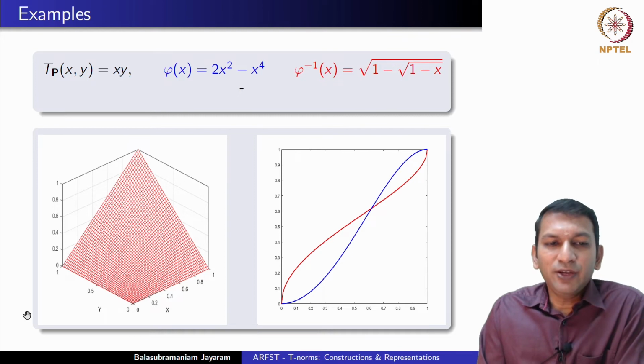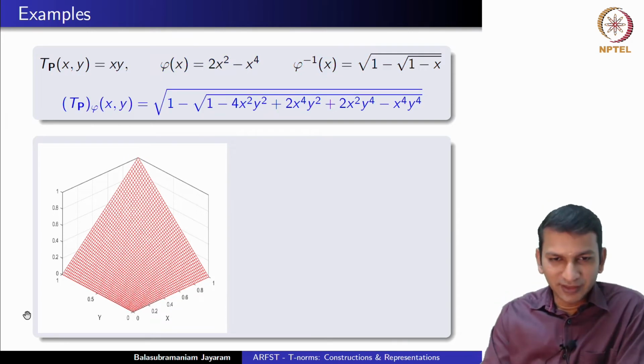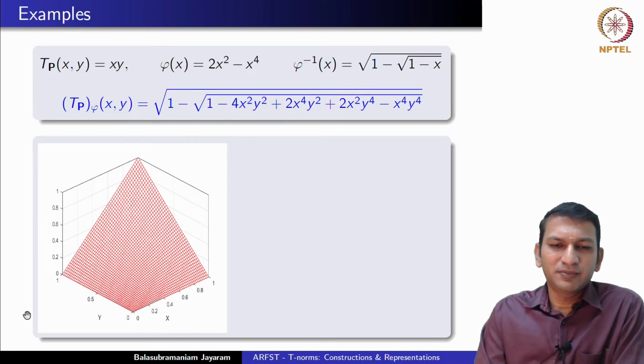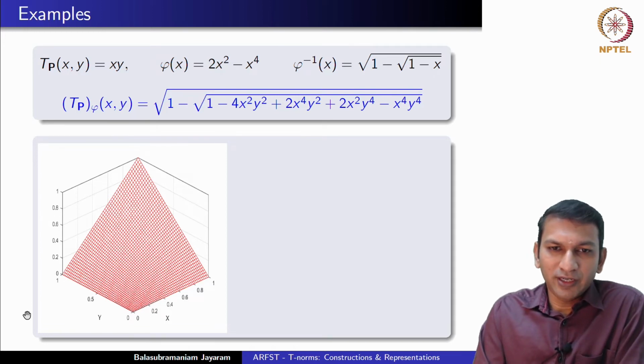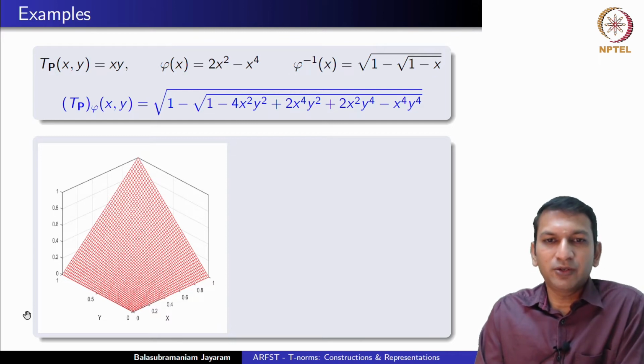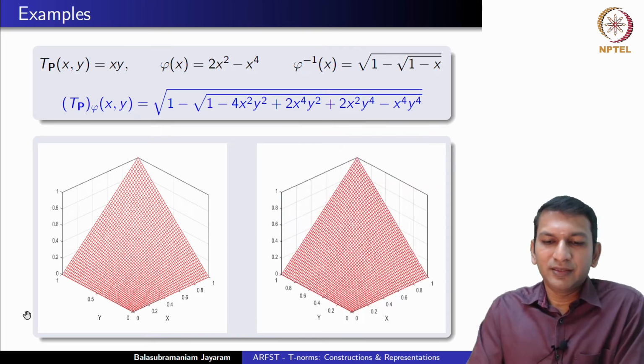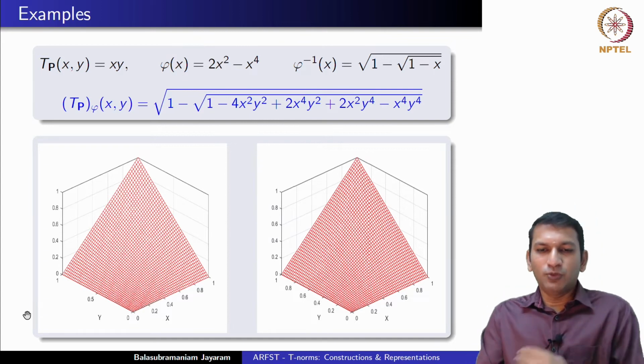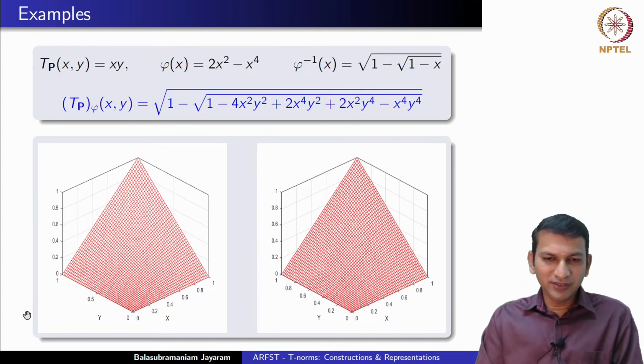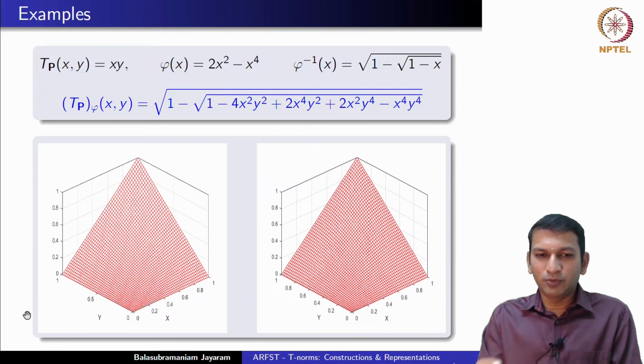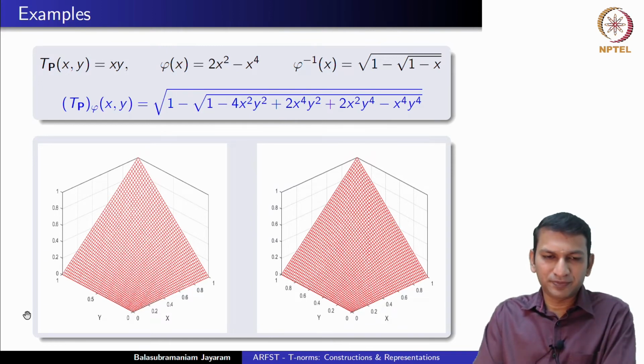Now what is the phi conjugate of product T-norm with respect to this phi? Well, it looks like this, a little scary formula, but it's not very difficult to get because you know how phi inverse looks like. So on the left you see the actual product T-norm. Now let's graph the phi conjugate of this product T-norm. This is how it looks. So visually there is not much of a difference, but you will see that both of them are Archimedean, both of them are continuous, and they are strictly monotone.